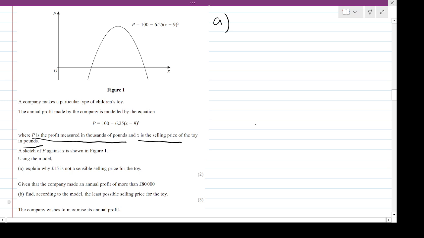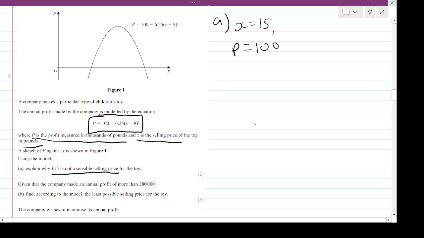To do that, we just need to substitute a value in. It's asking why £15 is not a sensible selling price, but as we just underlined, X is the selling price in pounds. Well, X would then be 15 in this case, wouldn't it? So let's see what happens when X is 15. Because when X is 15, then P is 100 minus 6.25 of X minus 9 all squared, because we've been given the equation for P here.